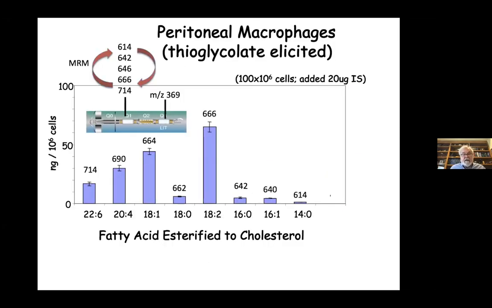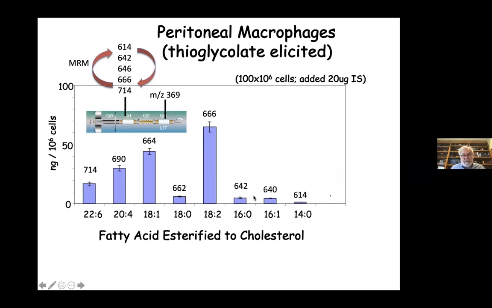Now, the MRM type approach, one scans Q1 through a cyclic process. So there's a duty cycle, as you've heard from Rebecca. When you do this, there's a duty cycle and you worry about this, but you only monitor 369. And very nicely, you can get all these different molecular species if you program in these ions and sequentially go through them.